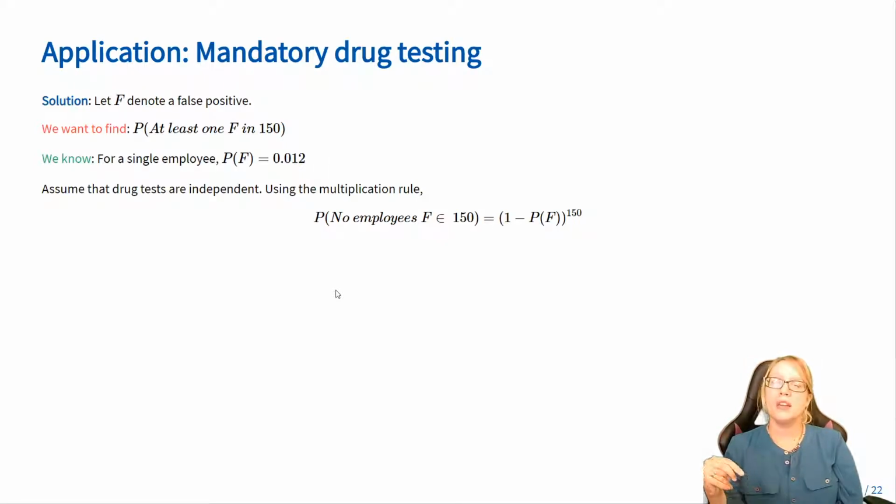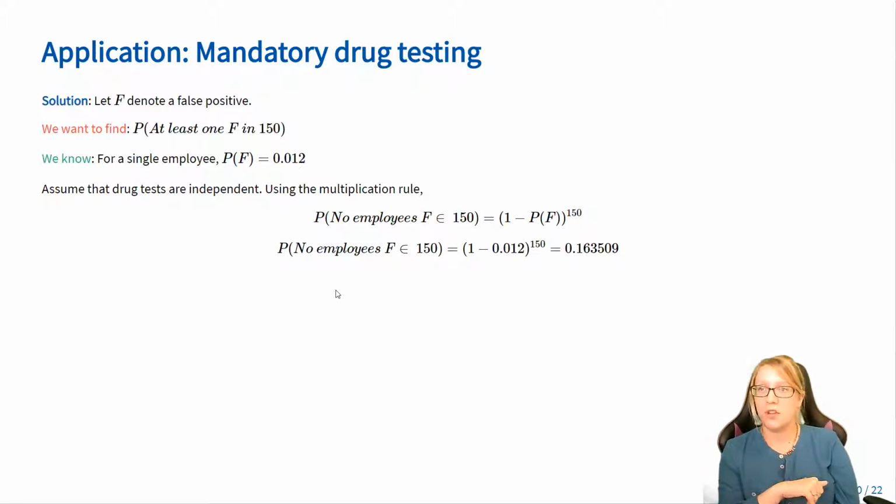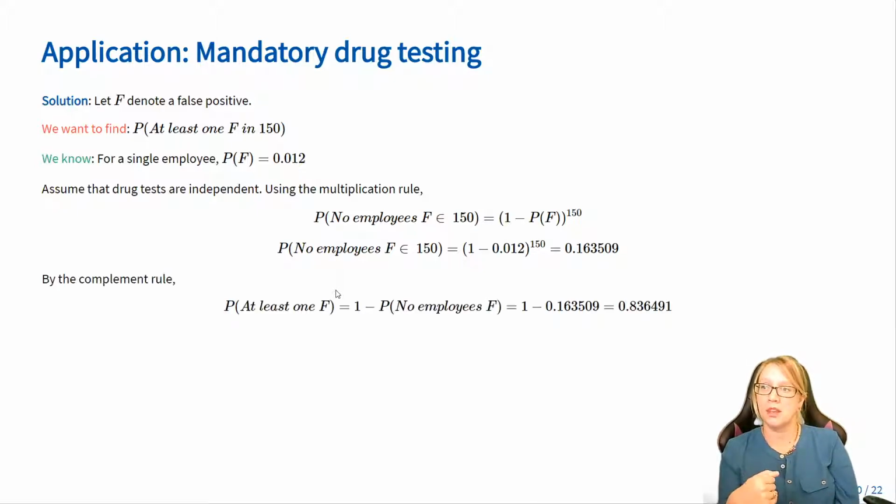The probability that no employees have a false positive out of the 150 that are tested is (1 minus 0.012) raised to the 150th power, because we're multiplying each independent not-false-positive. So we get 0.163. So there's about a 16% chance that there will be no false positives.